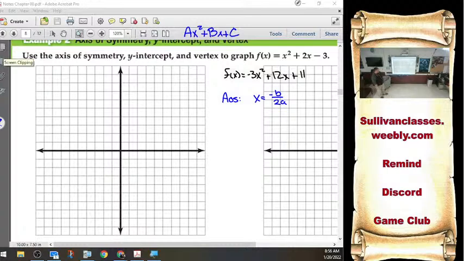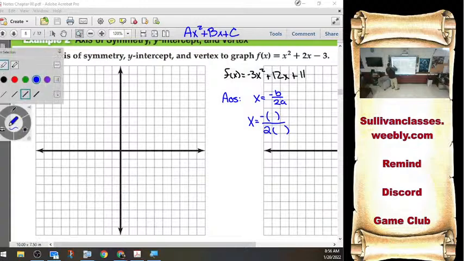So axis of symmetry is x equals negative b over 2a. So x is a negative something over 2 something. Hopefully you've picked that up along the way in your mathematical journey. If you are evaluating, always use parentheses, because otherwise you will screw up negatives and exponents left and right.